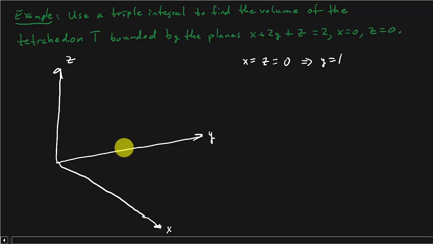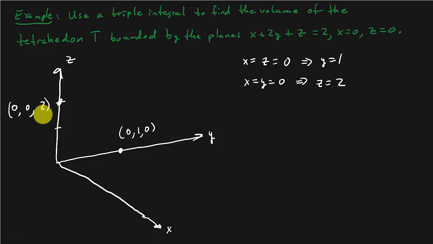And so that's going to be this point right here, the point 0, 1, 0. And then if I do x equal y equal 0, then z is equal to 2. So that gives me the point 0, 0, 2.